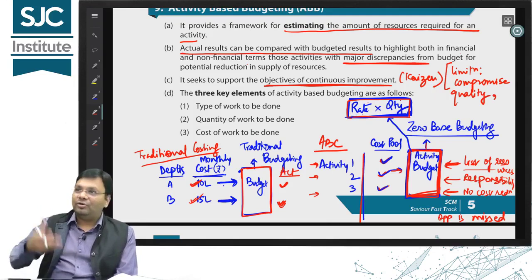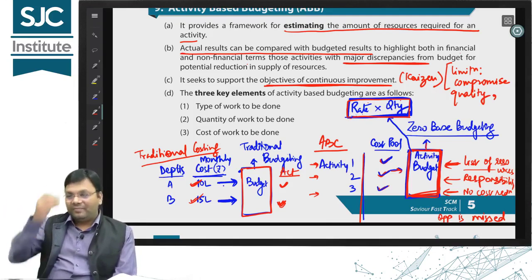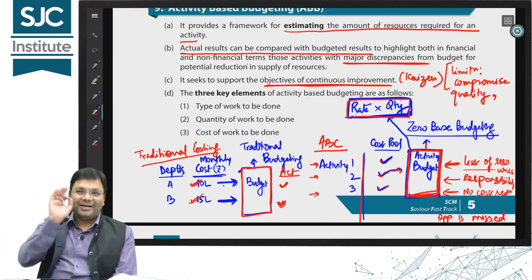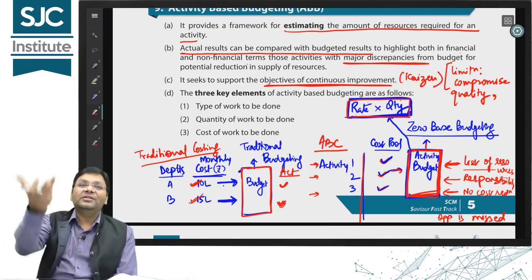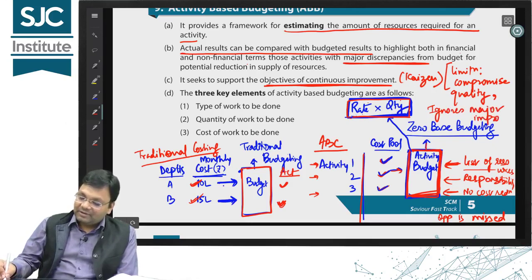You should try to bring a drastic improvement also if possible. They become so myopic that they are only focusing on chindi improvements. So I will say another limitation is ignores major improvement. Even if it is possible, it doesn't come in their eyes, because they are only focusing on microscopic organisms kind of thing. Ignores major improvements.